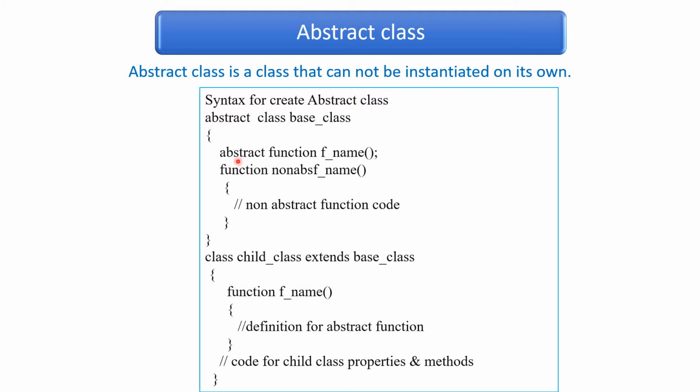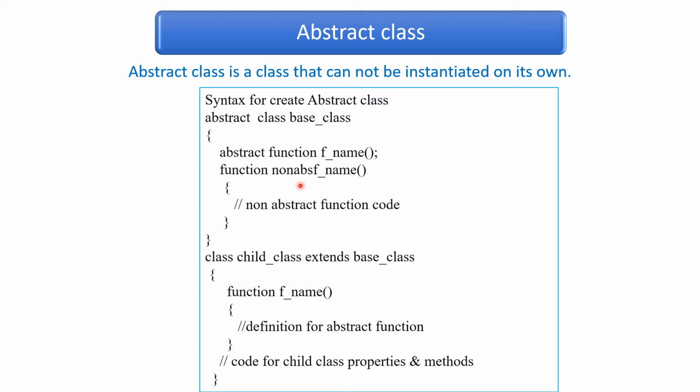To create an abstract method, you use the abstract keyword, then function, then the name of your function, and you can pass a number of parameters, followed by a semicolon. After that, you can create a number of non-abstract functions.